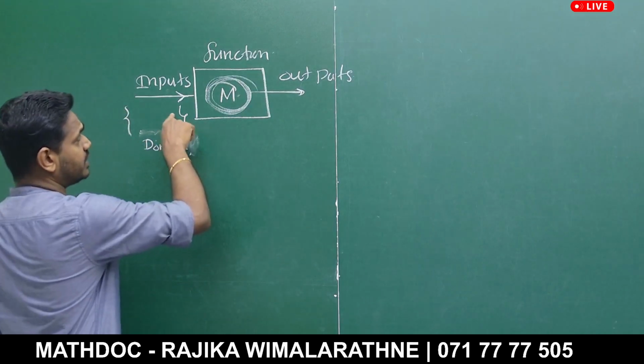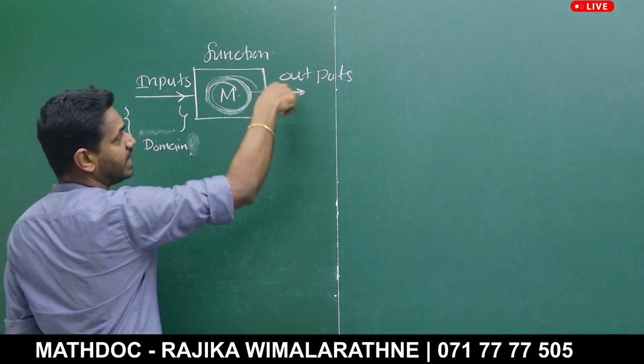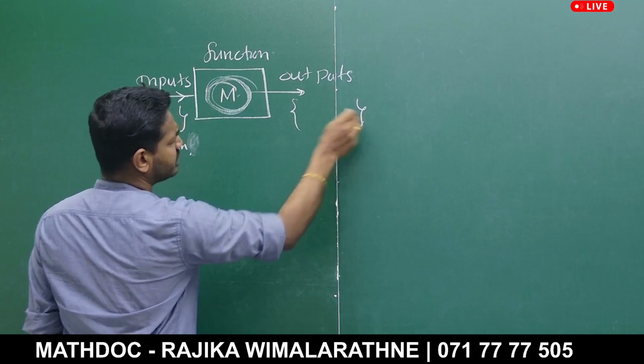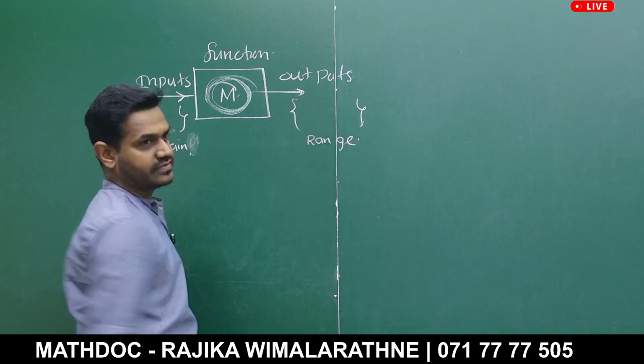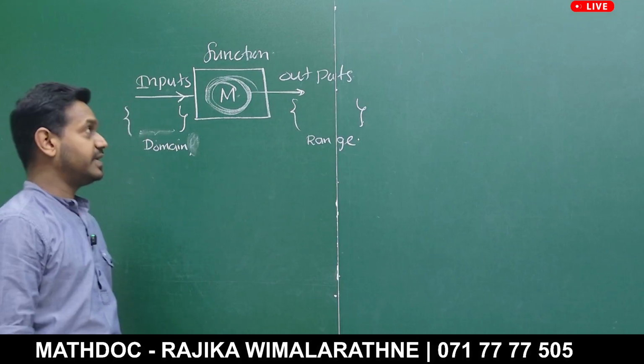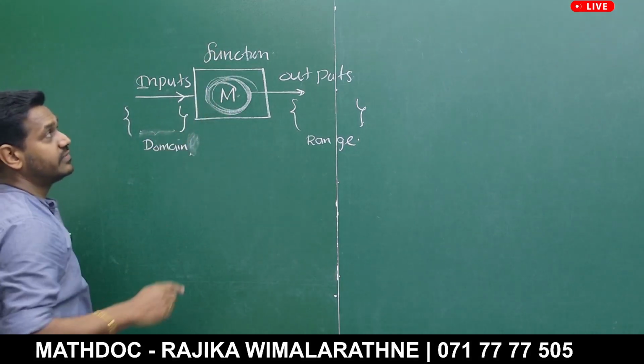Then with this functionality that gives output, this we call the range. So anyway, this process we call a function.